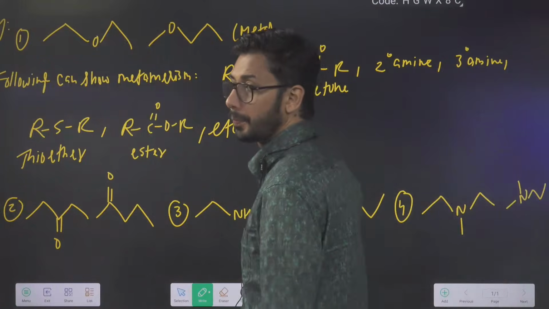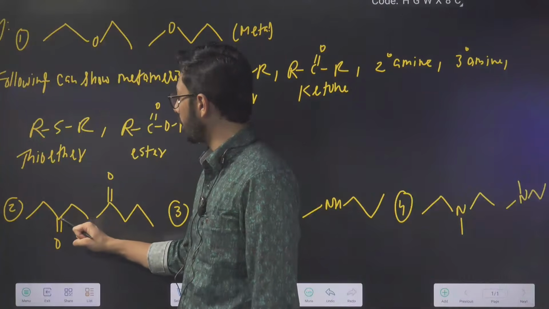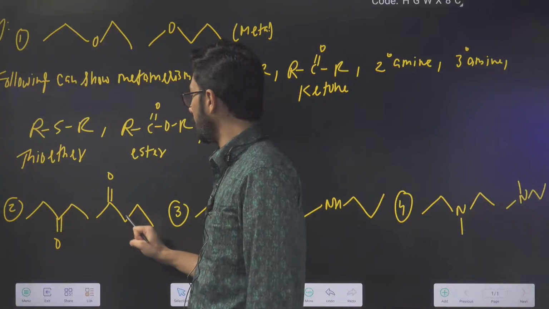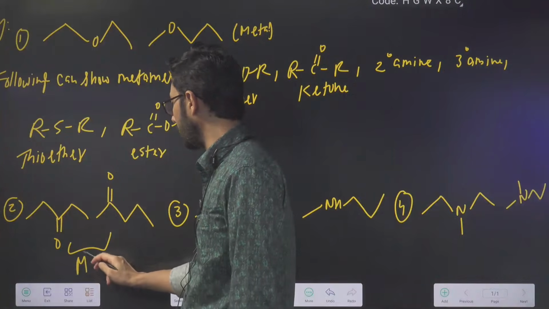Check as you go. Here both have the same formula, both are ketones. With respect to the ketone, on one both sides are ethyl, on the other one side is methyl and one side is propyl. So ketones are firstly treated like metamers.